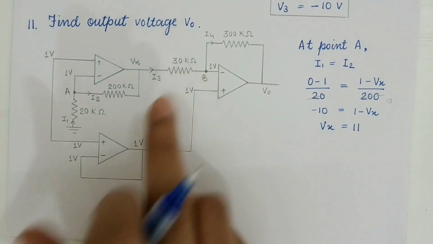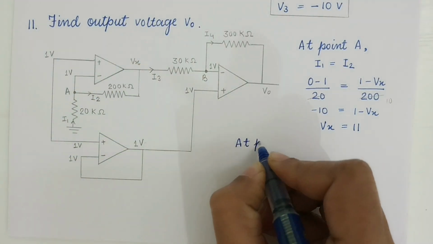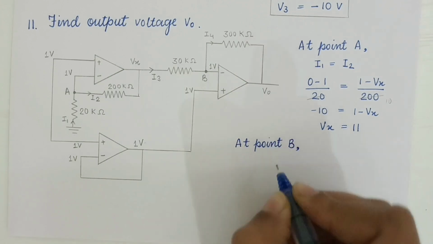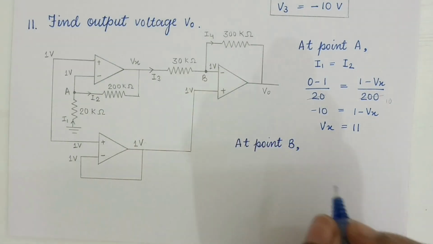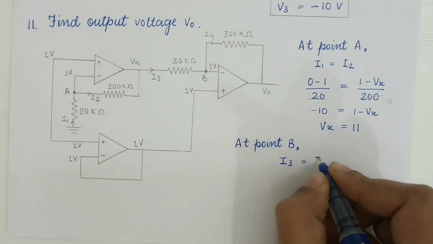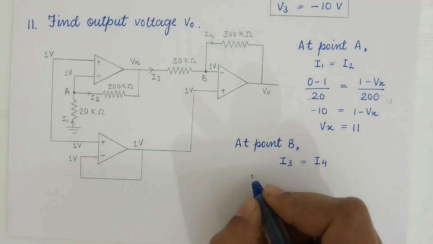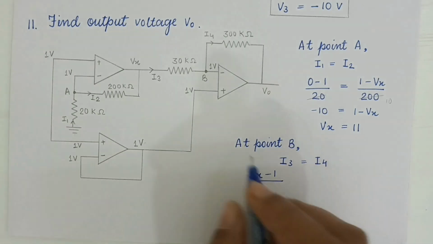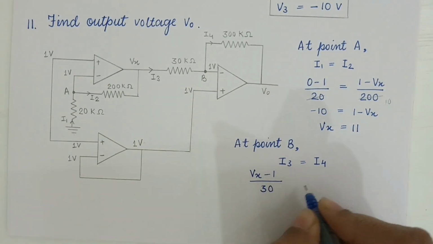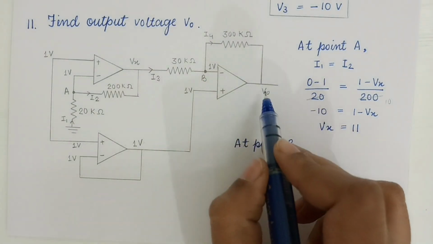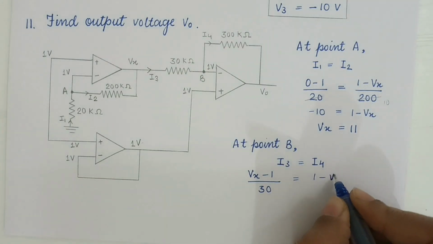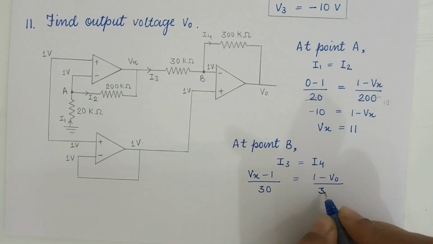Now let's move to the point B. At point B, I3 is equal to I4. I3 is (Vx minus 1) divided by 30, is equal to (1 minus V0) divided by 300.